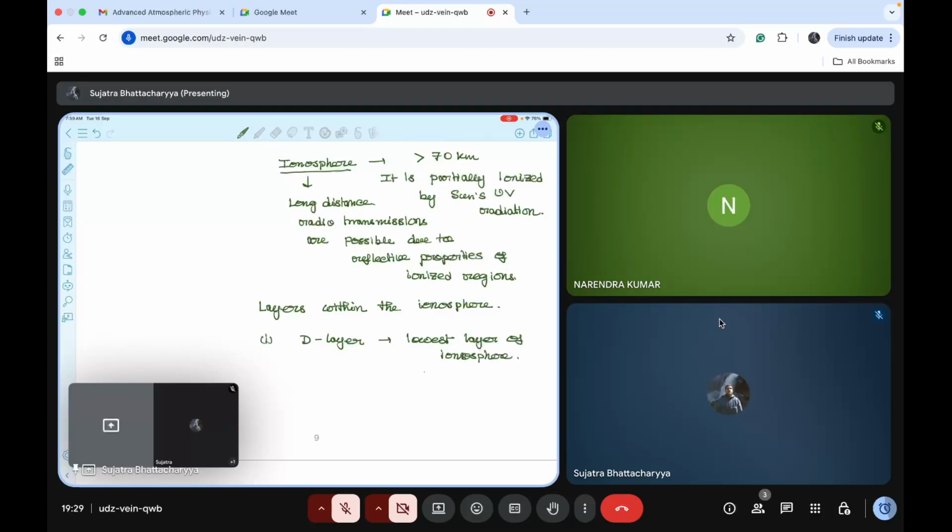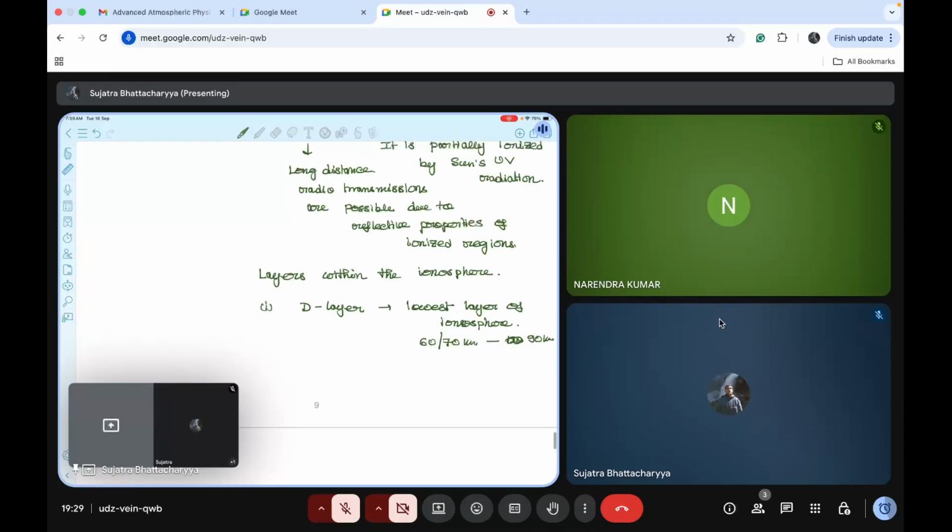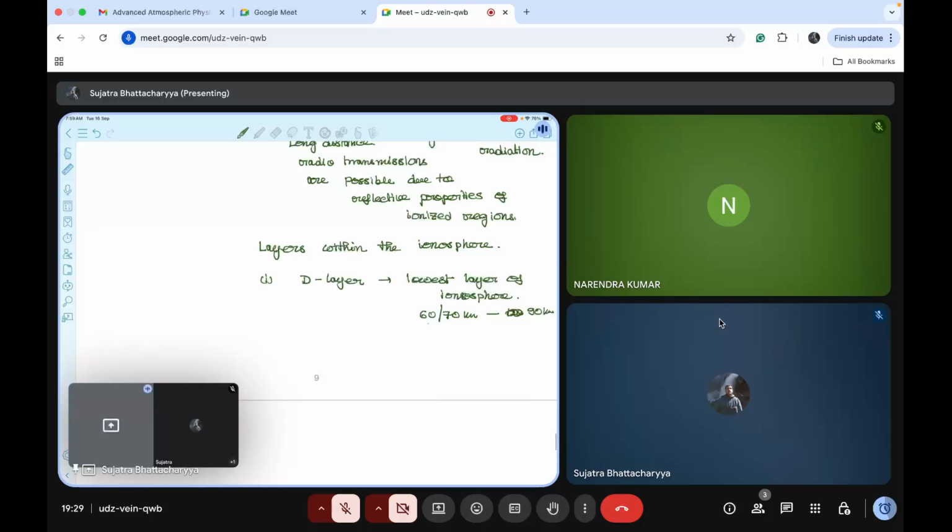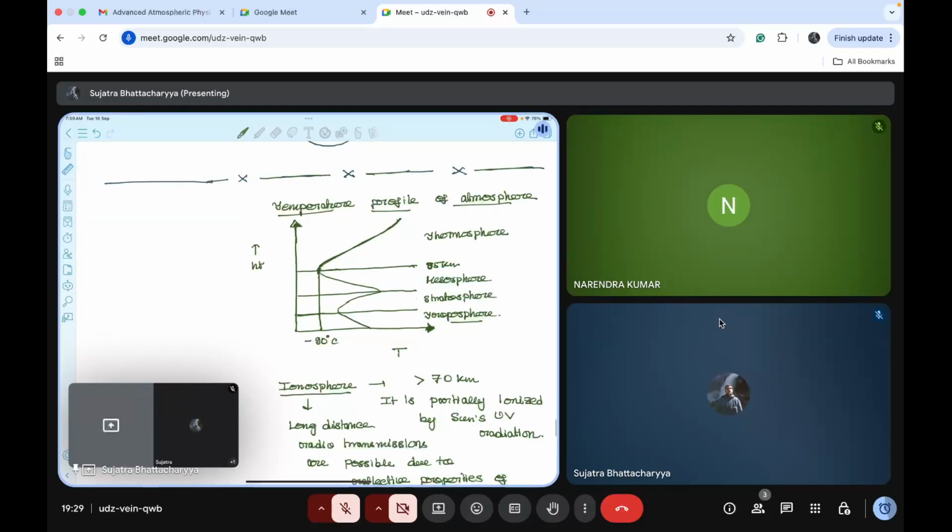It is almost about 60 or 70 kilometers to about, not 120, sorry, about 90 or 100 kilometers. This is the D layer. So as you can see, 60, 70 kilometers to 90 kilometers, this particular part is actually your D layer.